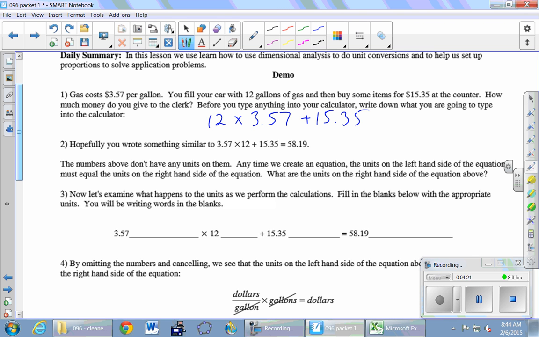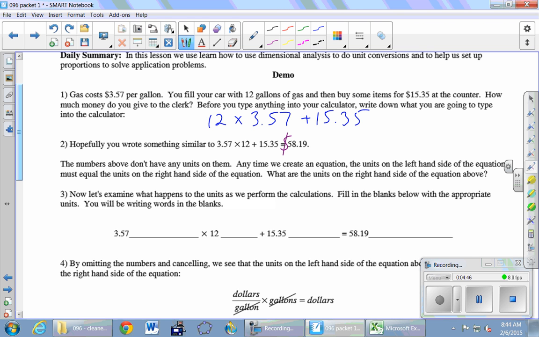So some units are feet and seconds and pounds and all the things that we all recognize, like what the standard, what it means, like what 1 pound means, what 1 second means, and that's how we measure all the other things, by comparing it to our standard 1 second, 1 pound. So what are the units of this 58.19? Those are dollars, right? And everybody here knows what $1 means, and so therefore we know what $58.19 means.